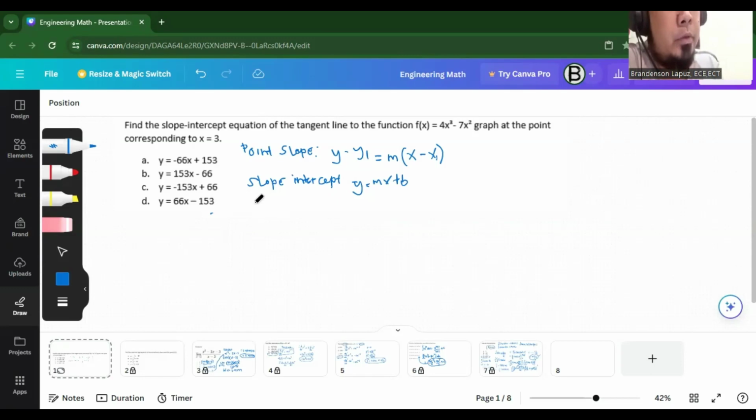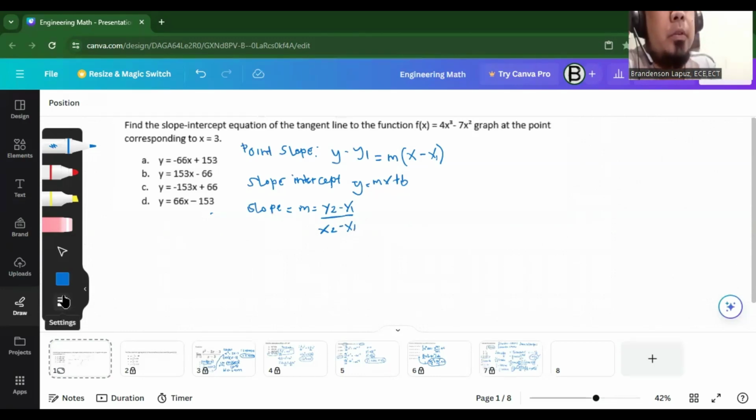And for the slope, rise over run, so m is equal to y sub 2 minus y sub 1 over x sub 2 minus x sub 1.